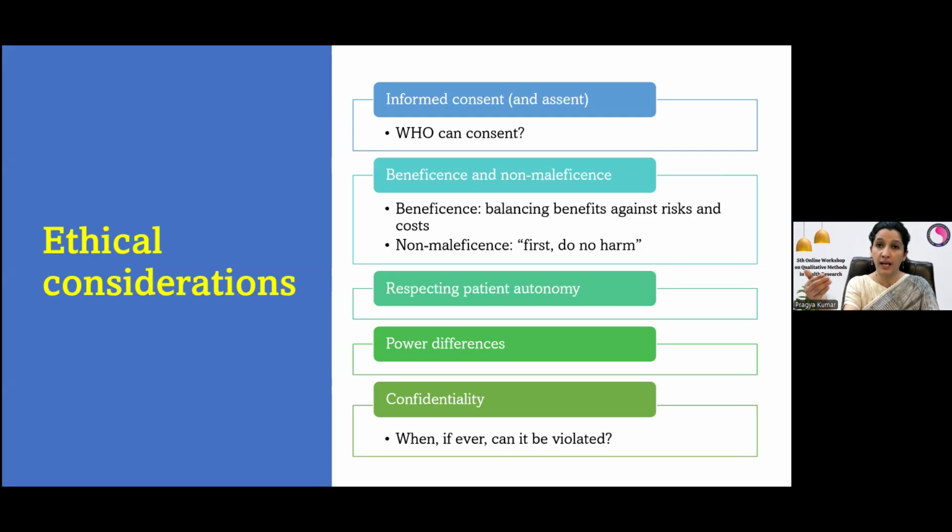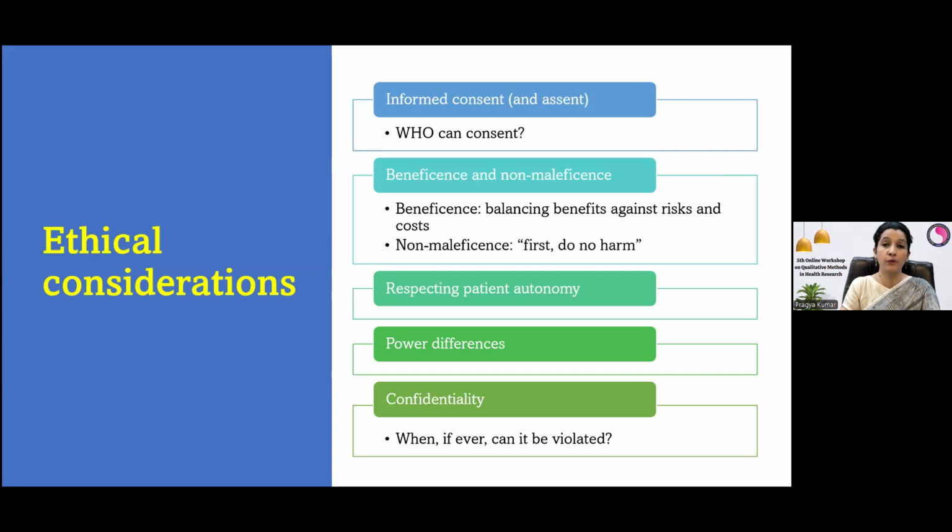You should take informed consent from all persons, and it should be written informed consent. You can do audio-taped consent also. And if the person is less than 18 years, you should take assent also.